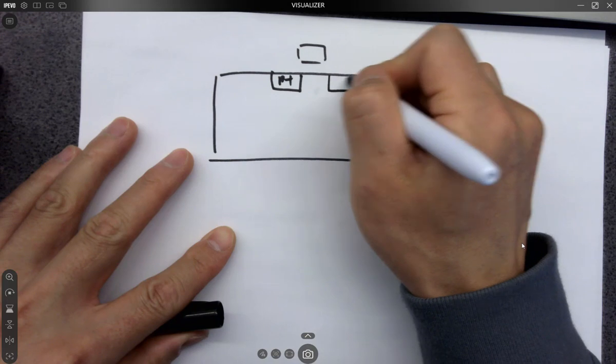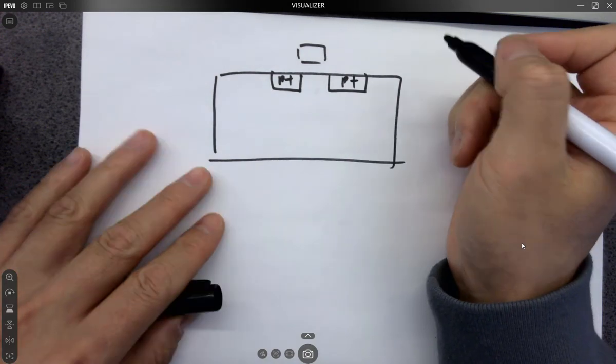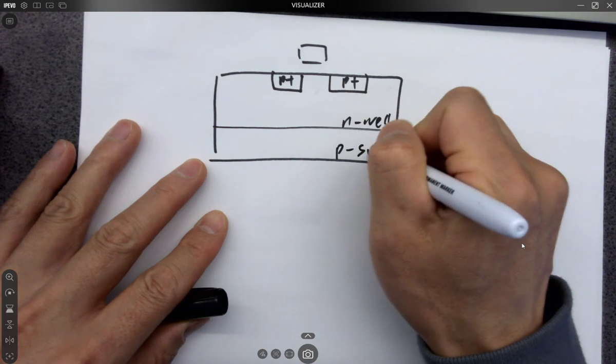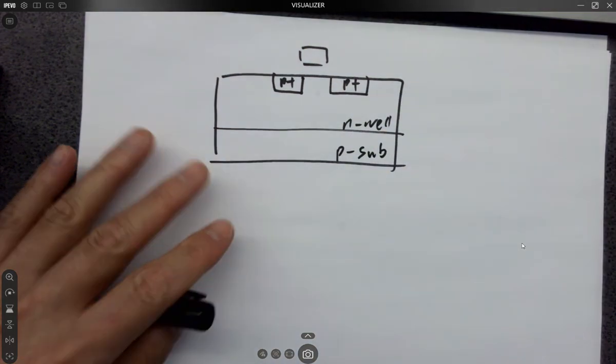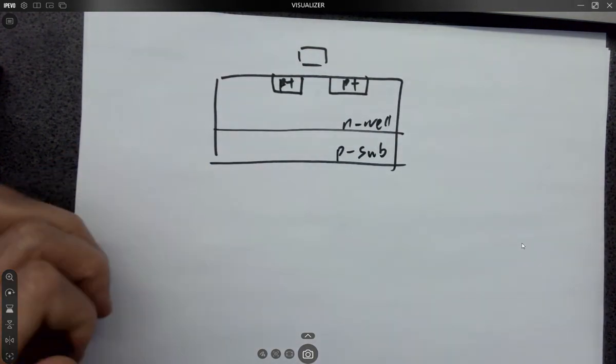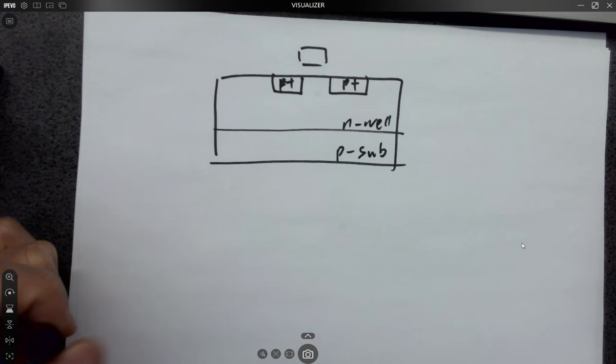A large-scale integrated circuit has a lot of PMOSs and NMOSs, and PMOSs are built in N wells. So what is the material of the N well tap?